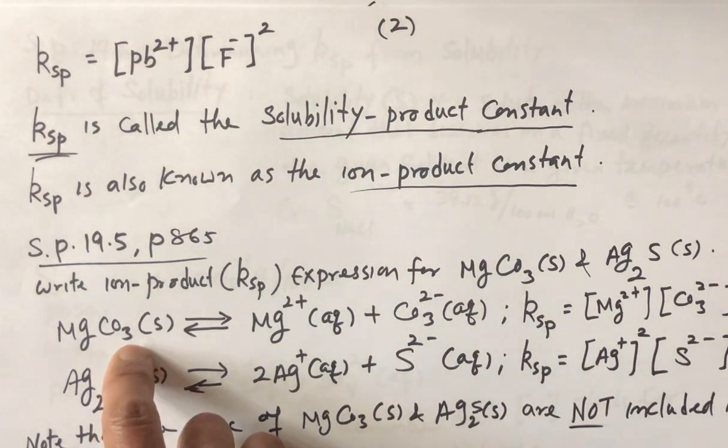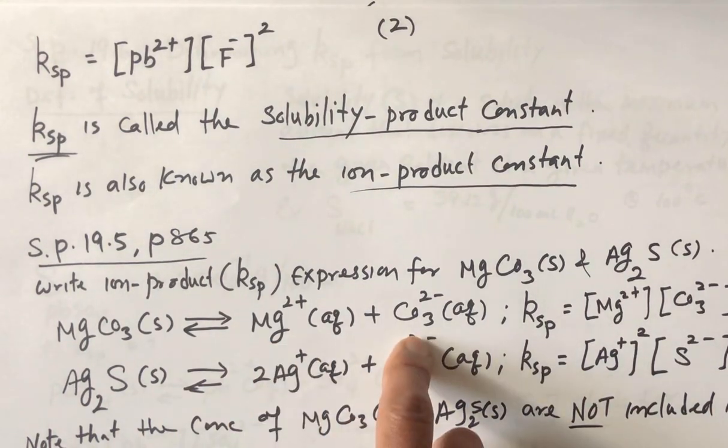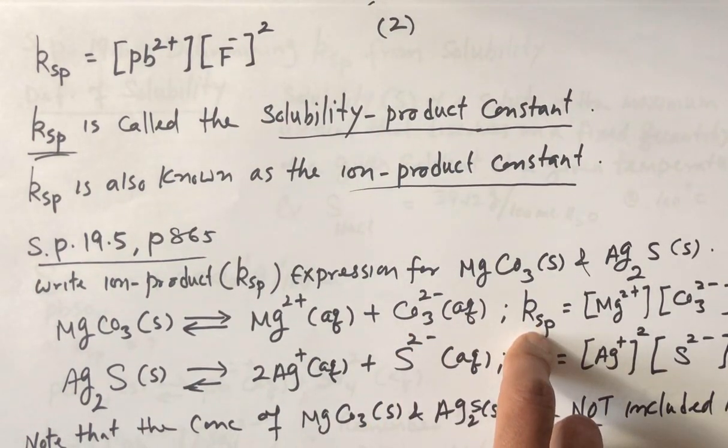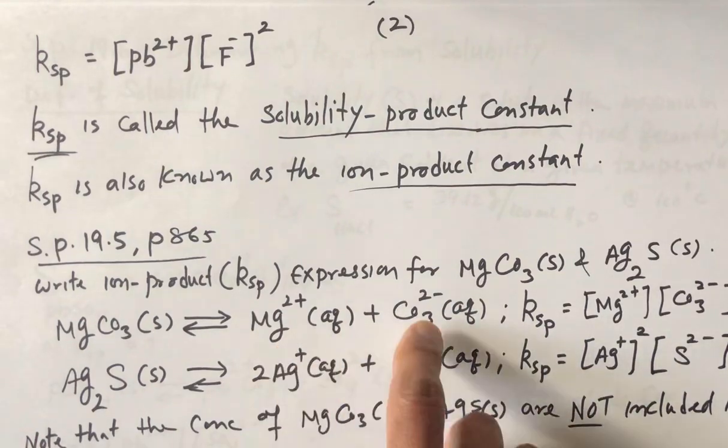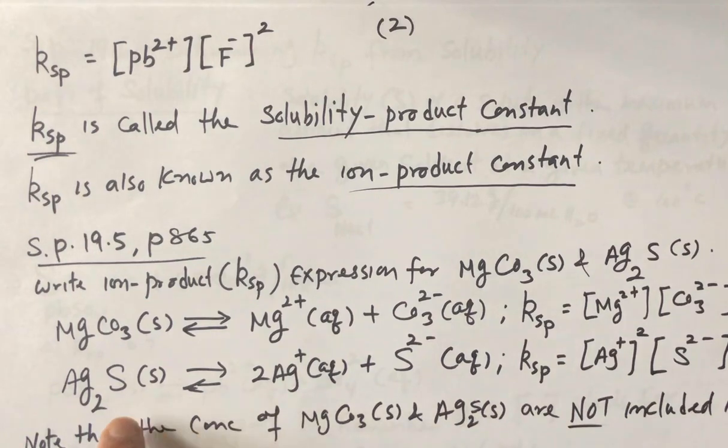For example, for MgCO3, we can write the expression as Mg2+ and CO3 2- for the dissociation of the ionic compound, and the KSP becomes the product of these two ions without MgCO3. Also for Ag2S, we have 2 moles of Ag+ and 1 mole of S2-, and the KSP is [Ag+] squared times [S2-].